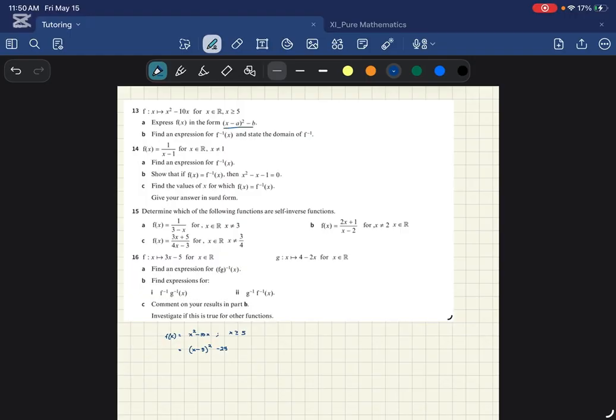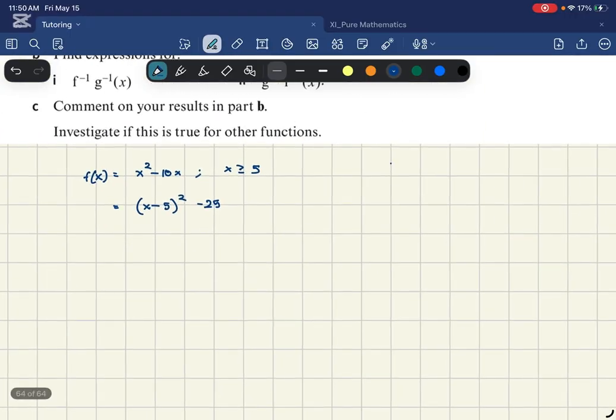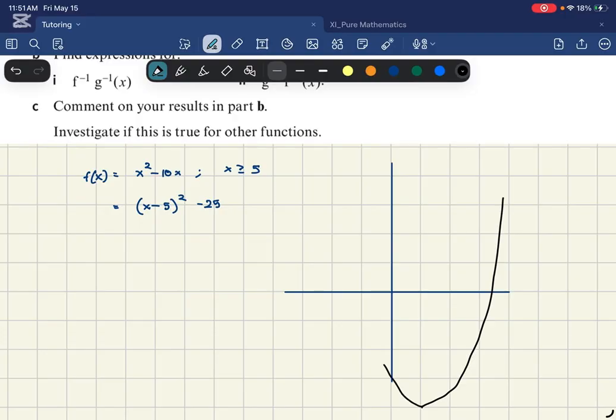And for B, it says find an expression for f inverse of x and state the domain of. So first of all, let's just visualize the graph of this function. So we want to take the graph of x squared. We want to translate it 5 units to the right and 25 units down. So maybe 5 units, I'll express it here, and then 25 units down, and it's going to be concave up. So something like this, right?